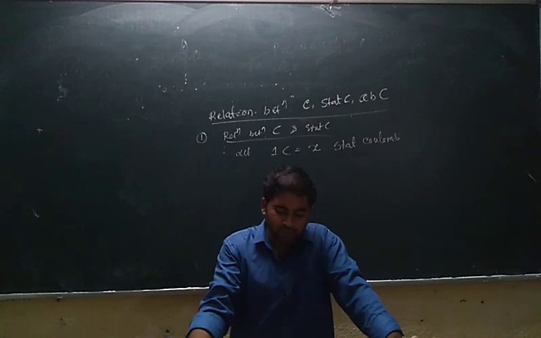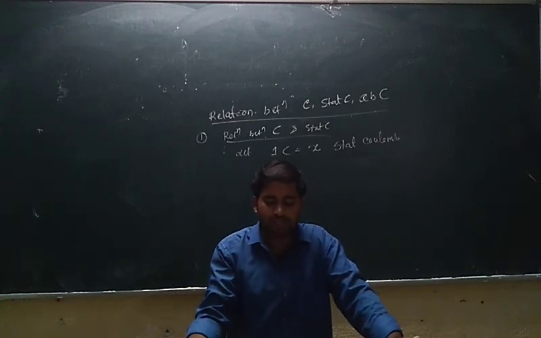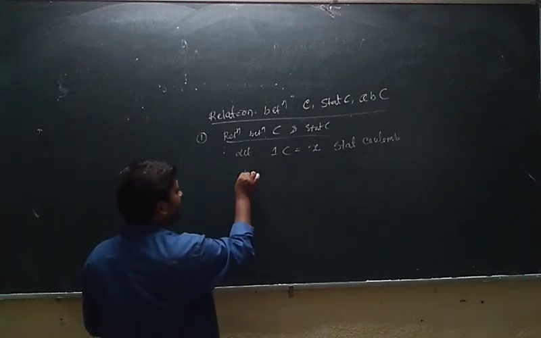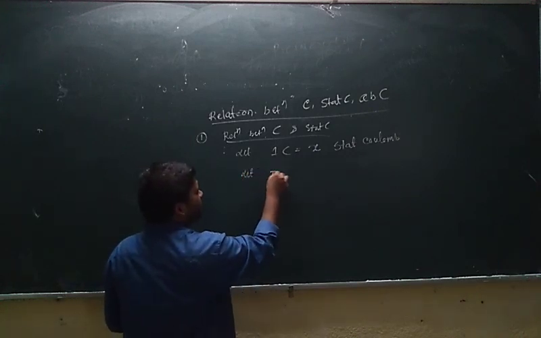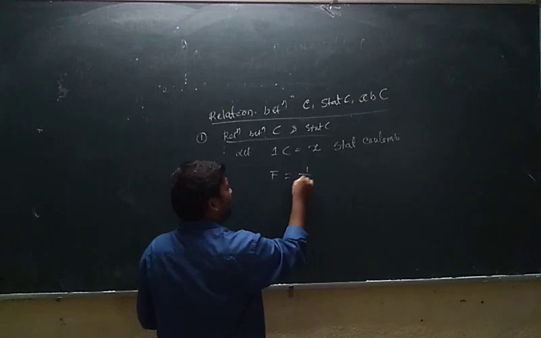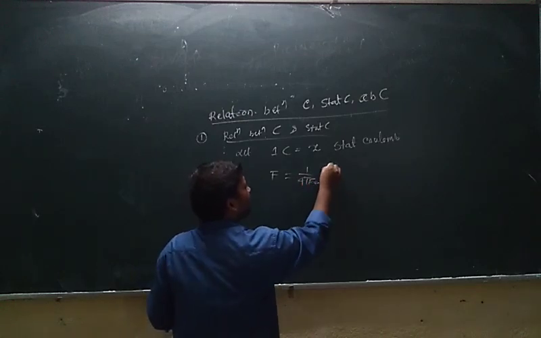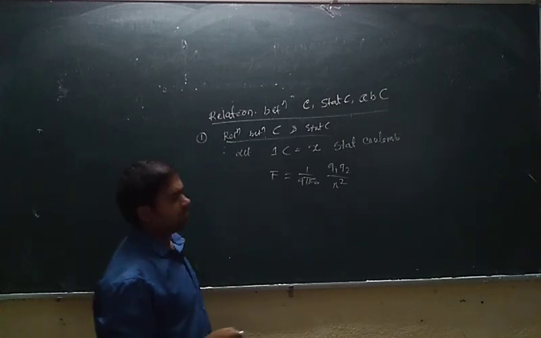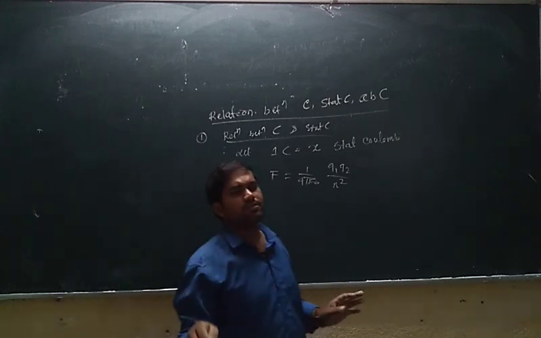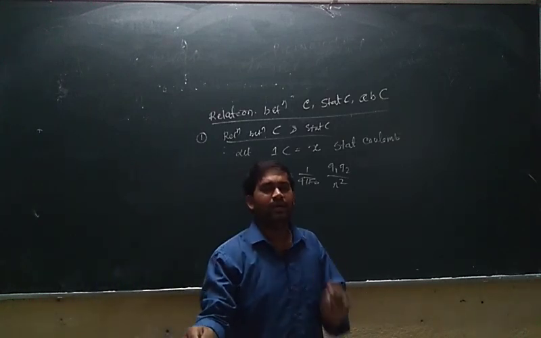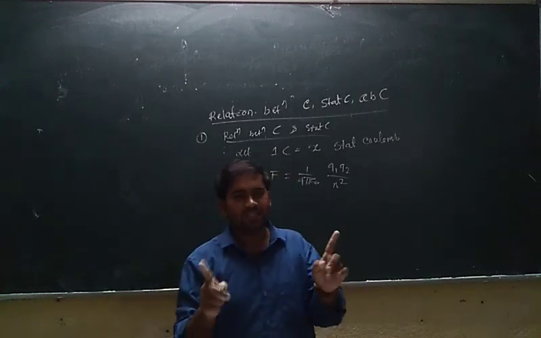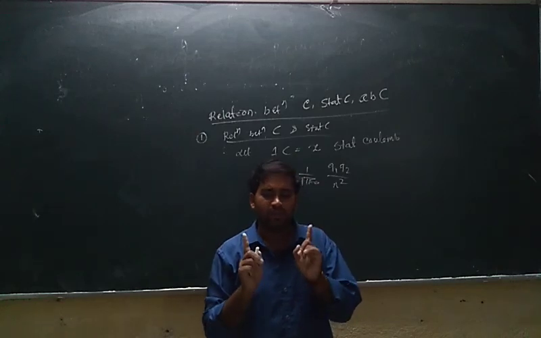Coulomb. Okay, so when we take the SI system of charge, then what will be the force? Let the force F equal to 1 by 4 pi epsilon 0 Q1 Q2 divided by R square. Suppose both the charges Q1 and Q2 have the value 1 Coulomb, and the distance between the two charges is 1 meter.